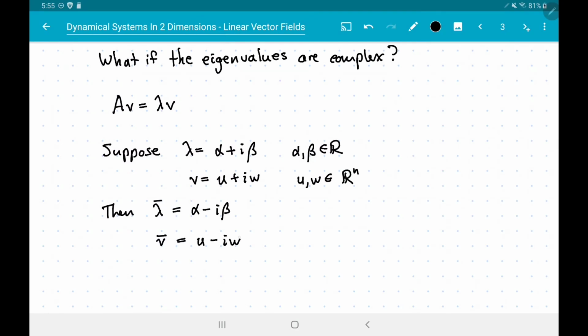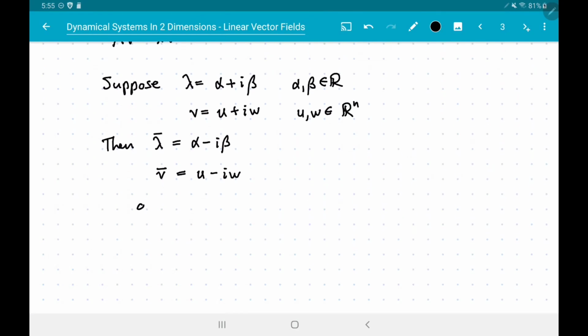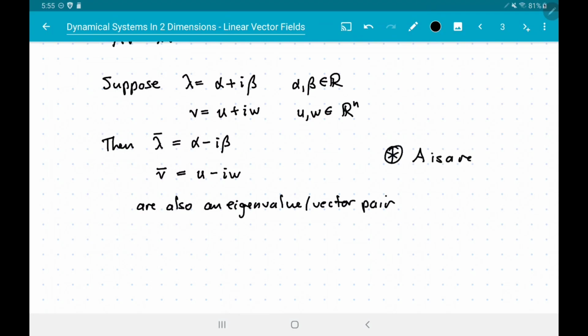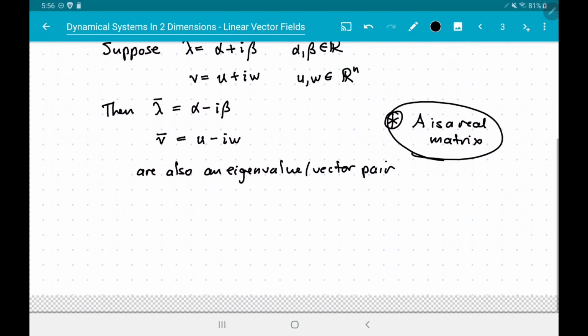are also an eigenvalue and eigenvector pair. And just so that it's clear, I'm assuming that A is a real matrix. This is not necessarily going to work if A is a complex matrix.